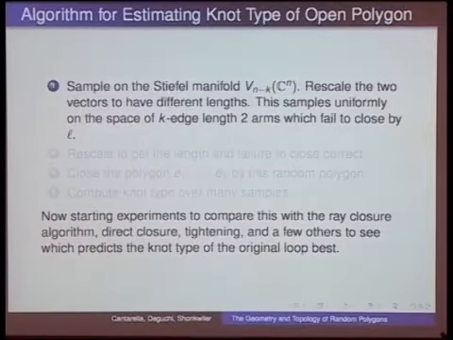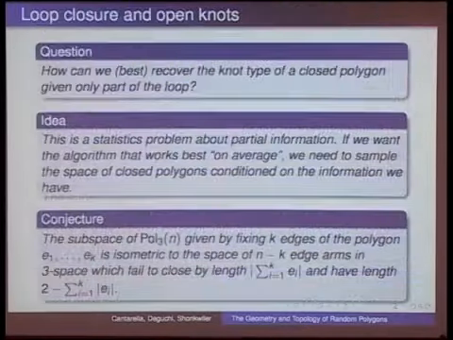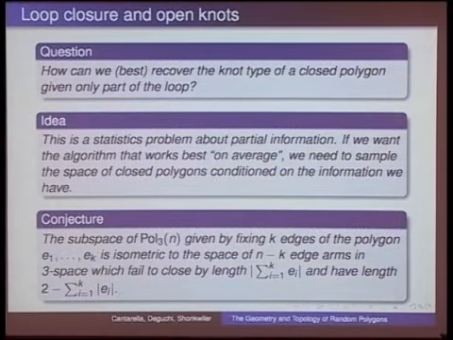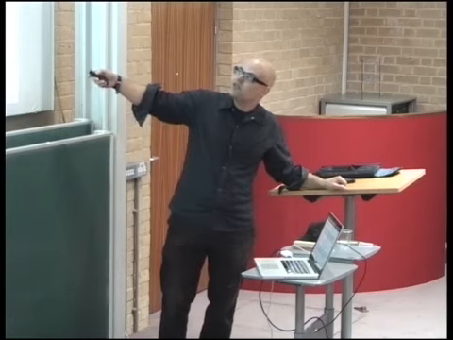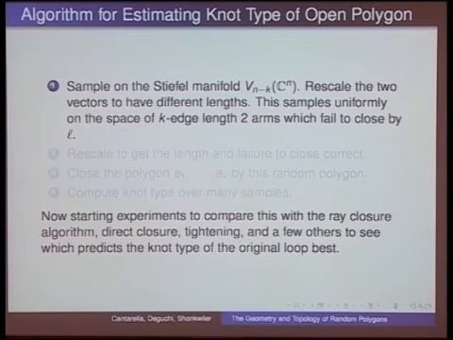If that's true, then I believe there's a general theorem that says sampling in this space and closing the polygon and computing the knot types of all those closures is the unbiased estimator for knot type. So in an average sense, it's the best you can do. The algorithm is a sampling algorithm for arm space.